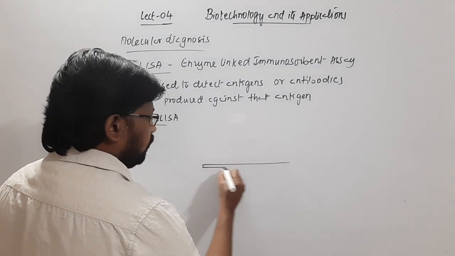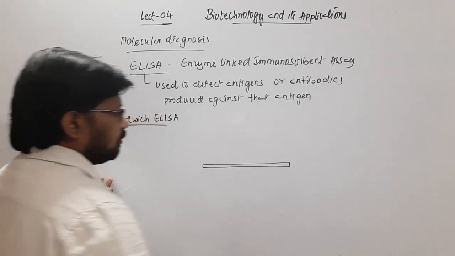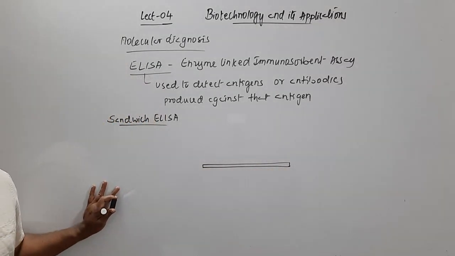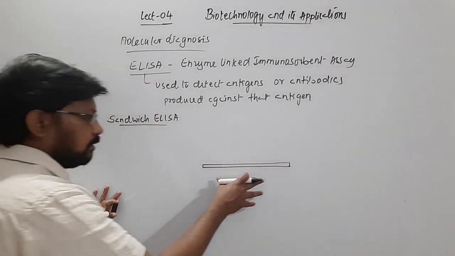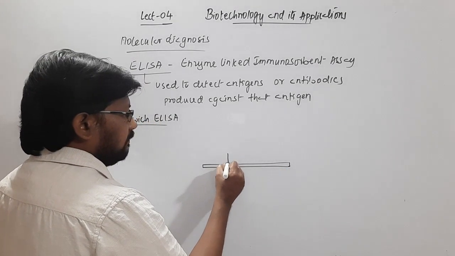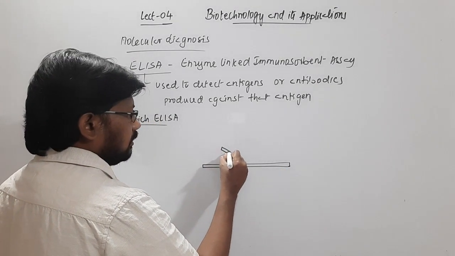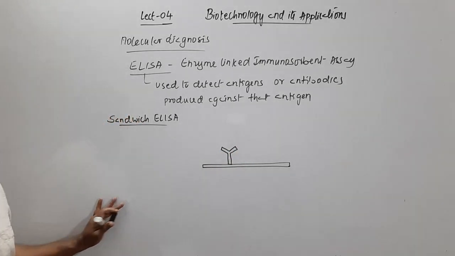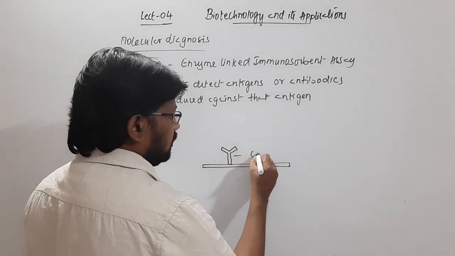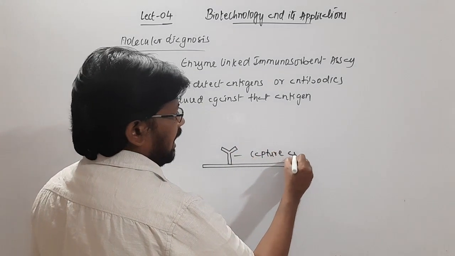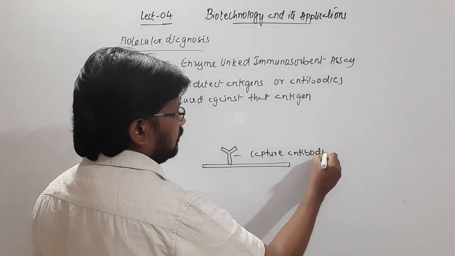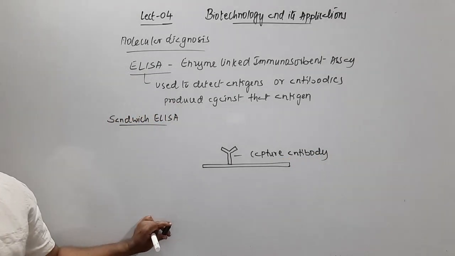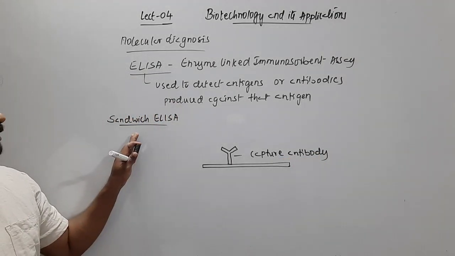So first they are going to take absorbents. This is an absorbent material to which they will first attach antibodies. This antibody is what we call a captured antibody.